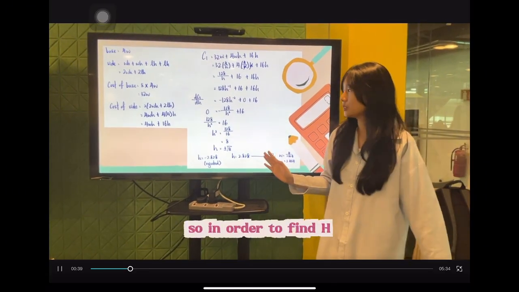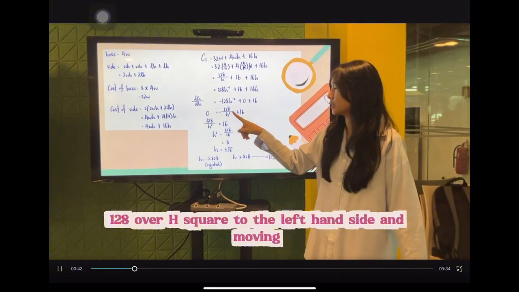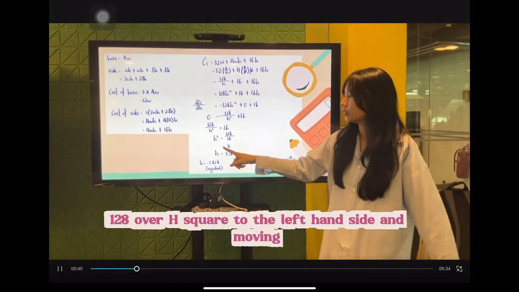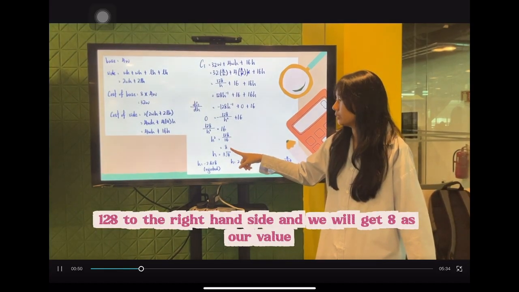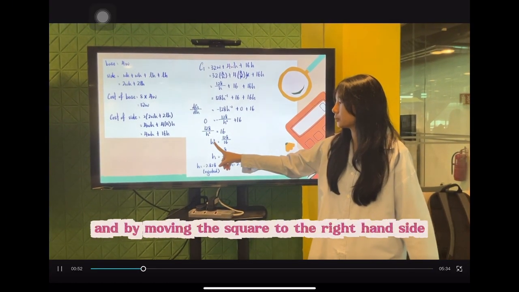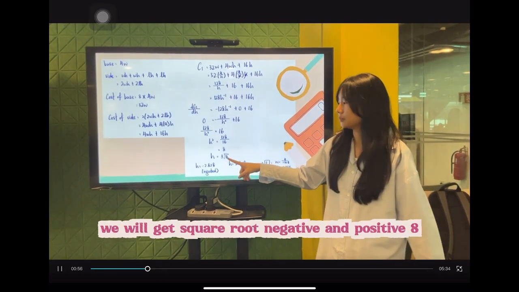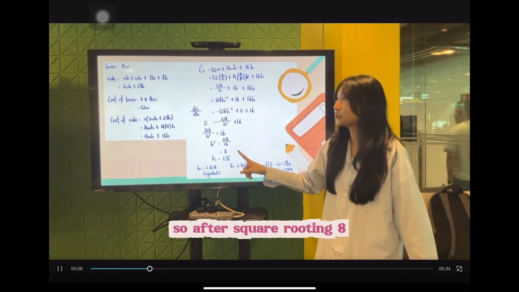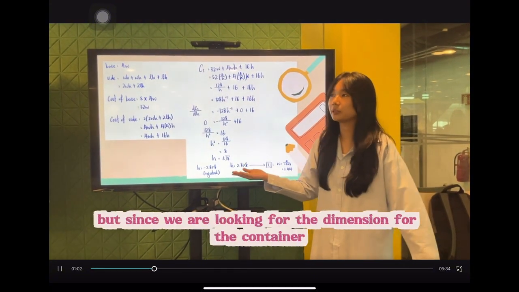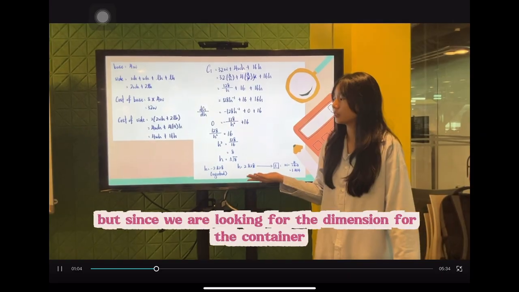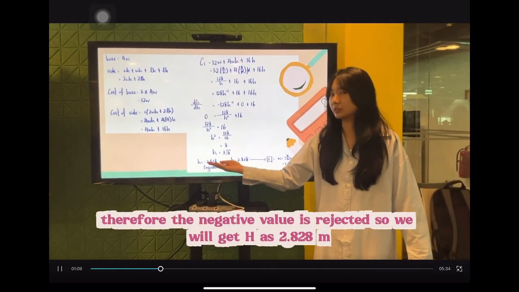So in order to find H, we can make H the subject by moving negative 128 over H squared to the left hand side and moving 16 to the right hand side, and we will get H squared equal to 8. By moving the square to the right hand side we will get the square root of 8, negative and positive. So after square rooting 8, we will get a negative value and a positive value. But since we are looking for the dimension for the container, we do not need the negative value, therefore the negative value is rejected.